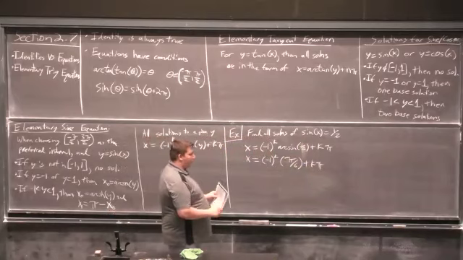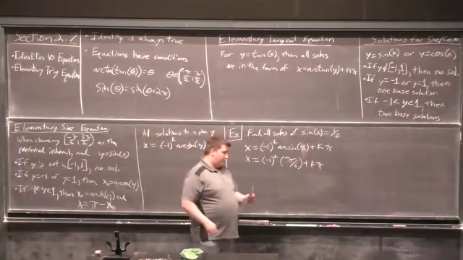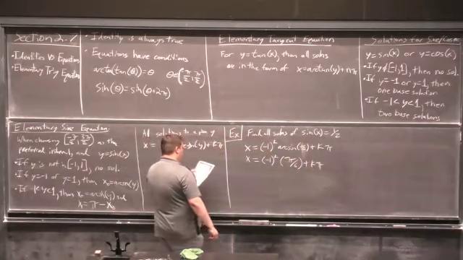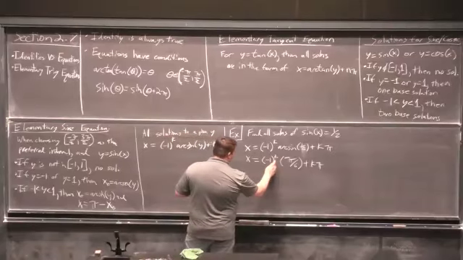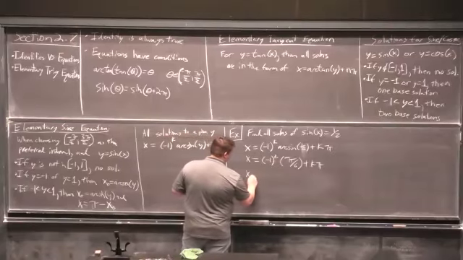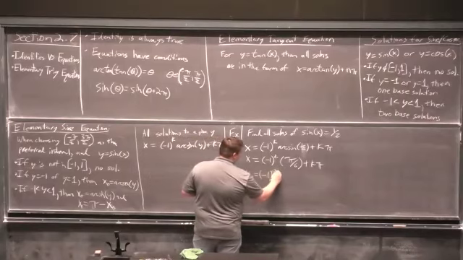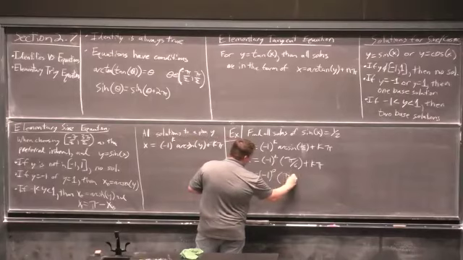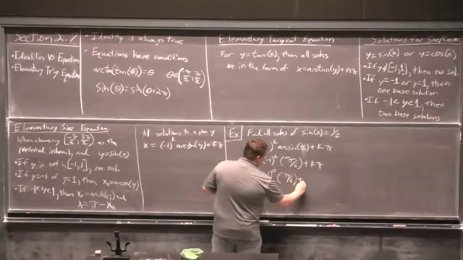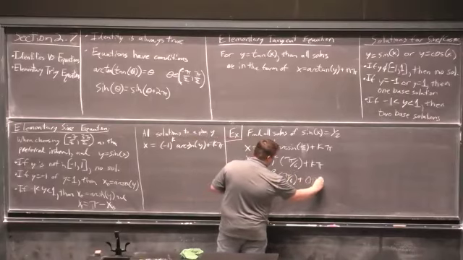Now, if we want to find our x naught and x1, let's plug in 0 for k. So x naught is equal to -1 to the 0 power times pi over 6 plus 0 times pi.